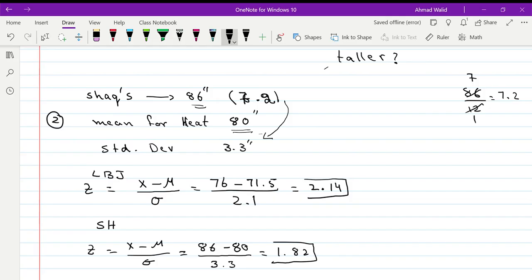Everyone was tall. Miami Heat was a team that had really tall players. That's why, comparing Shaq's height with his team, he's not that tall. But comparing LBJ's to all the presidents of the United States, he's taller. This is how the z-score allows us to compare two different data sets. Correct?